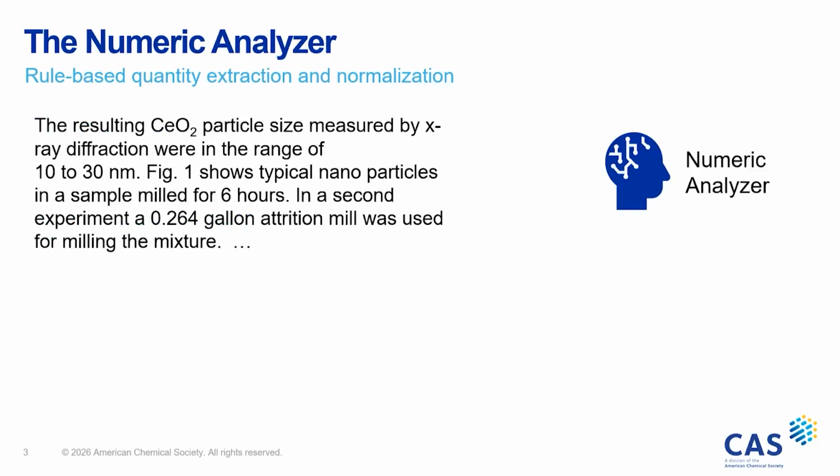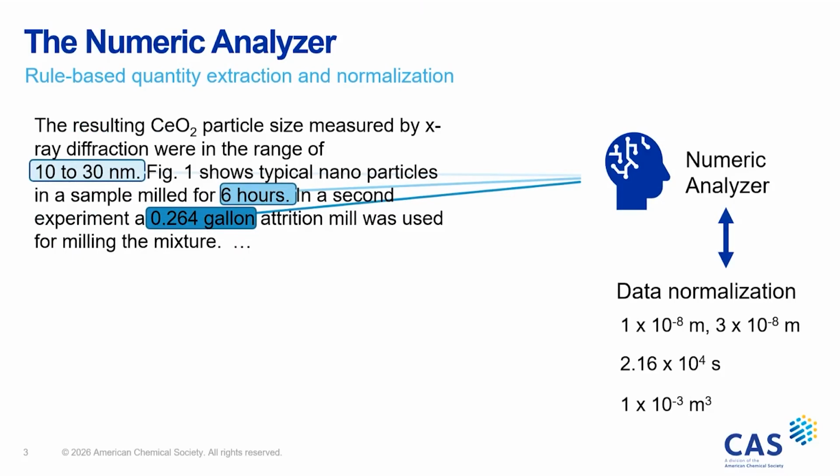Let me explain briefly the principle of the numeric analyzer, the algorithm, and how that system is normalizing the data so that you as a searcher have an easier life when searching for numeric properties. We have a text that might stem from an abstract, for instance, where you see different units and numeric values, which relate to particular properties.